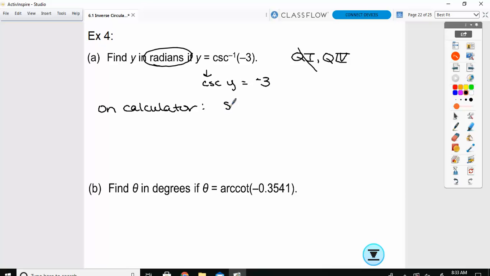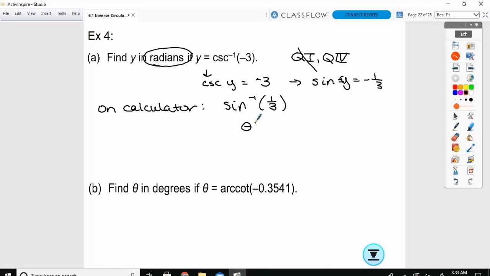We have to do sine because we don't have a cosecant. But we have to think about how we're going to put that in. If cosecant is -3, that means sine is what? So you are going to do sine inverse of +1/3. So you hit second sine 1/3.